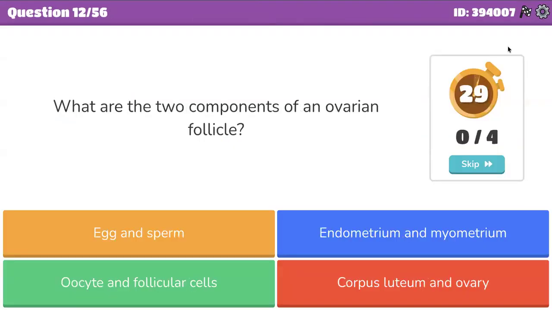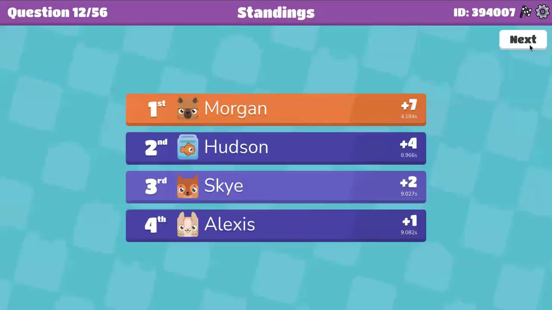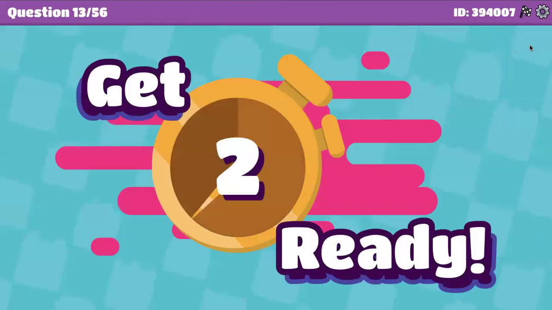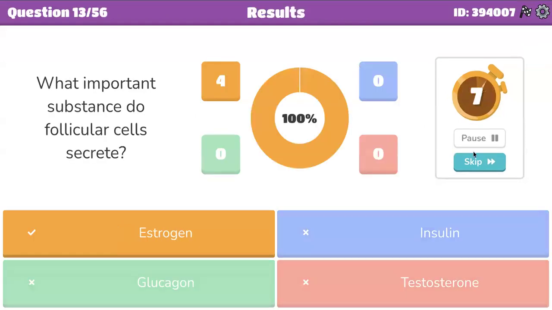What are the two components of an ovarian follicle? The oocytes and follicular cells. What important substance do follicular cells secrete? Estrogen.